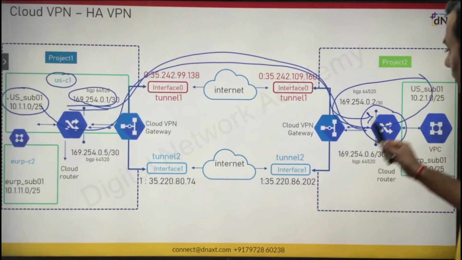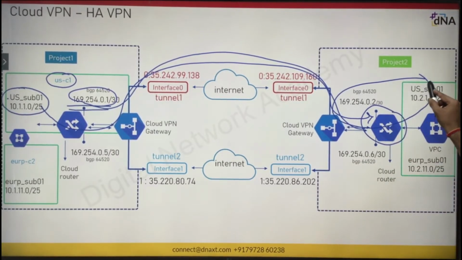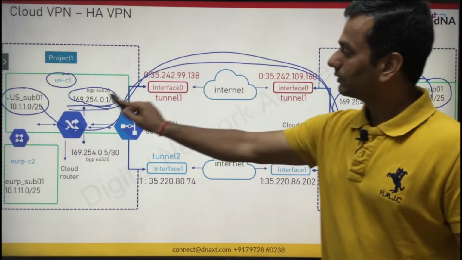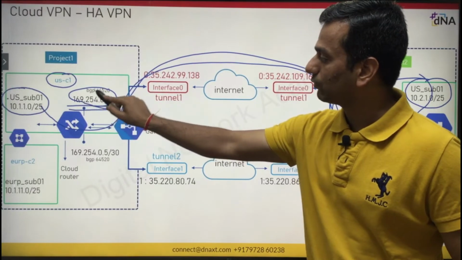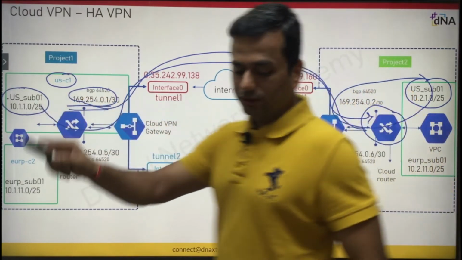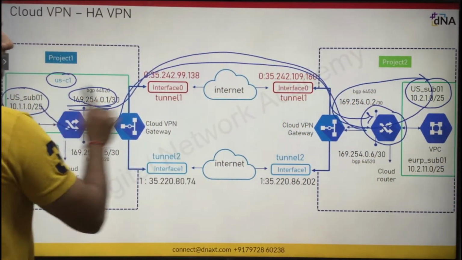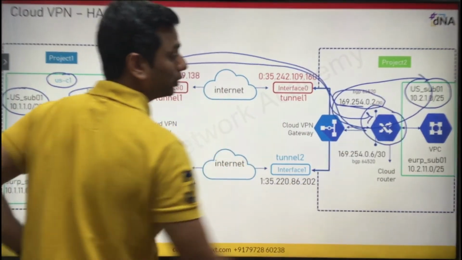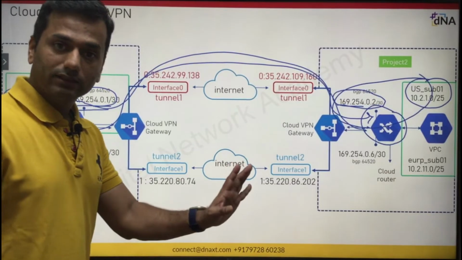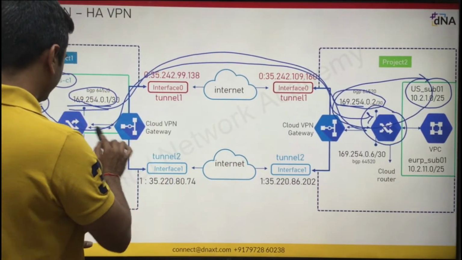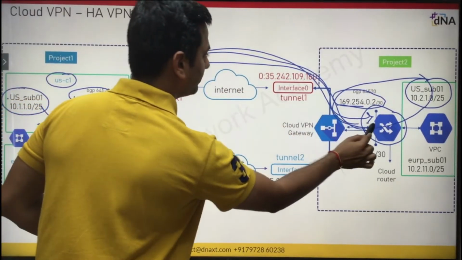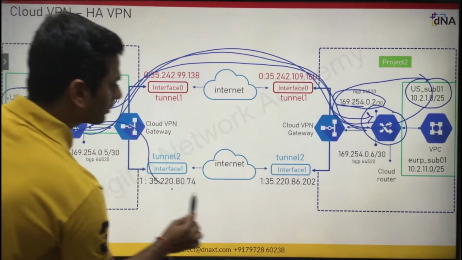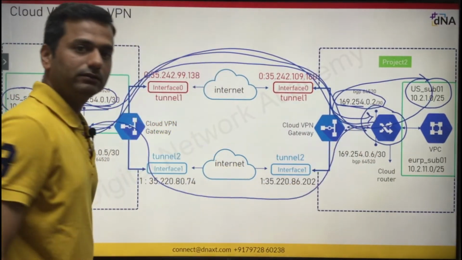Then when project 2 advertises its US central subnet 10.2.1.0/25 to its BGP neighbor, for project 1 your next hop is 169.254.0.2. Wait Prasad, we have 2 BGP neighborships, right? One from here and another from tunnel 2. We have 2 BGP neighbors.